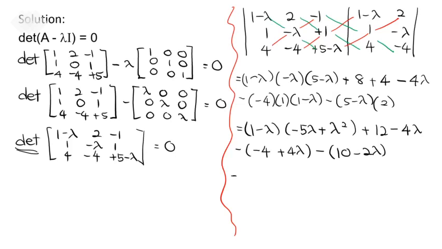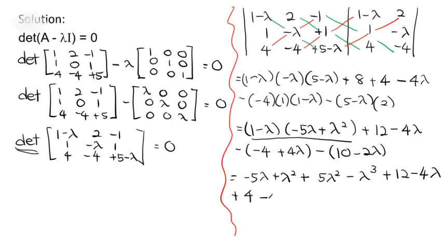Okay, then expand this one. 1 minus, so negative 5 lambda plus lambda square, plus 5 lambda square minus lambda cube, plus 12 minus 4 lambda, minus, minus, plus 4 minus 4 lambda. Okay, this one you have to be careful with the lambda.